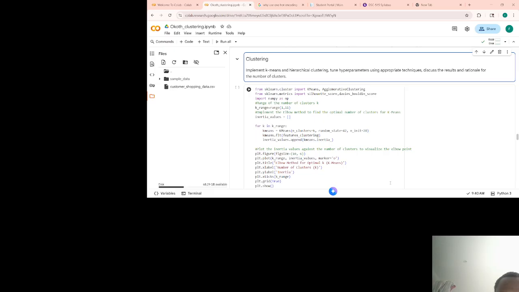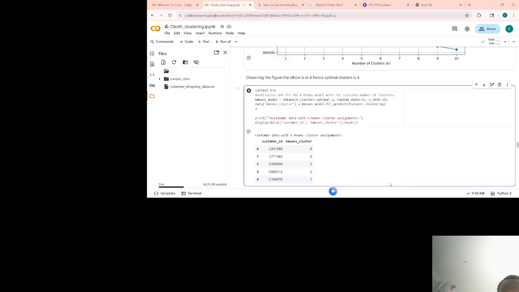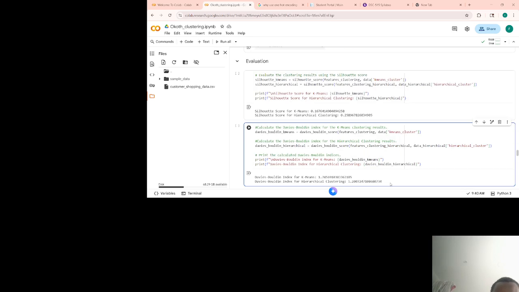And we used the elbow method to pick the number of clusters, where based on our elbow visualization, we picked four clusters, and these four clusters is what we used for the k-means, and at the same time we used them for hierarchical clustering.